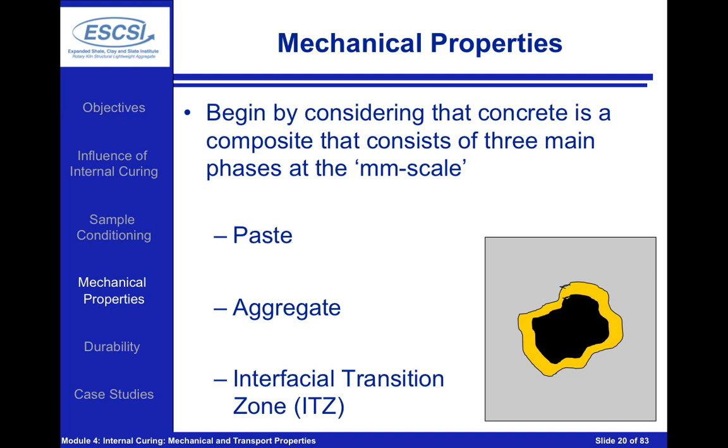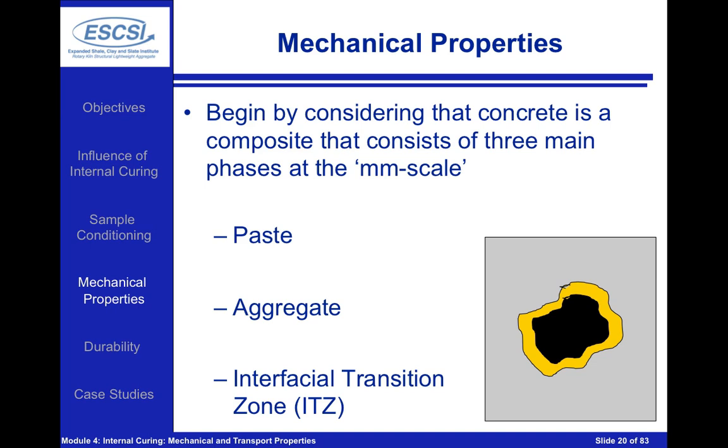And this is the region where the paste comes in contact with the aggregate, and we frequently hear this being described as a porous region inside of concrete, presumably because of particle packing issues that happen around the aggregate where the cement can't pack as tight as it would in a normal paste.